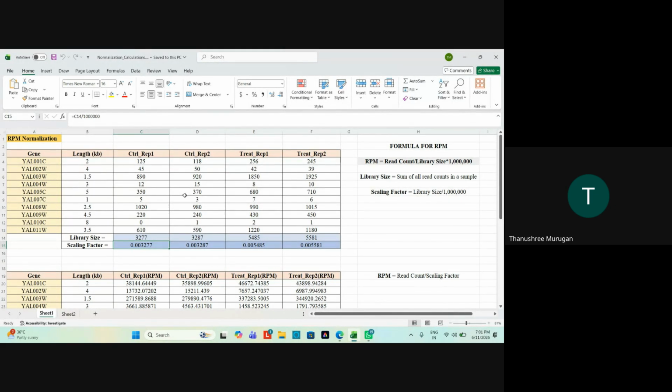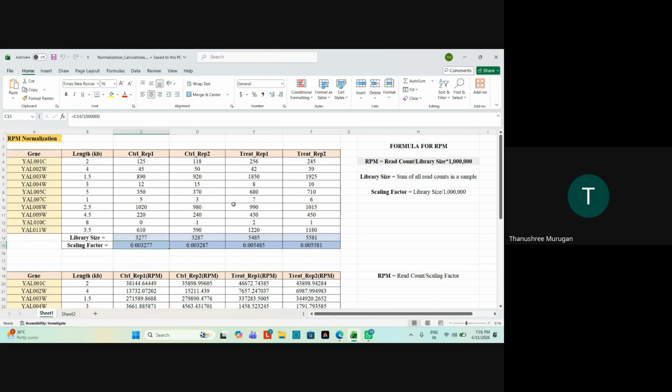For example, control replicate 1 has a library size of 3277, whereas treated replicate 2 has a library size of 5581. Since the total reads are different, comparing the raw counts directly may not give accurate results. Therefore, normalization is required to make the gene expression values comparable across all samples.